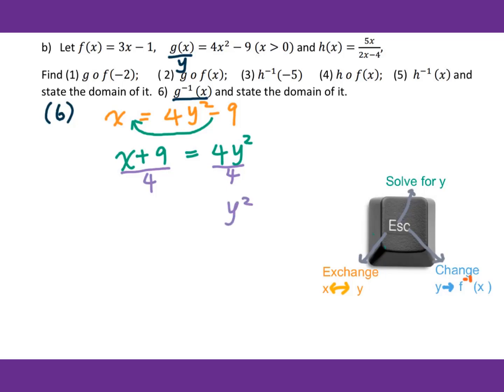Then y squared equals x plus 9 over 4. Then we do square root both sides. Since the domain for g of x is greater than 0, we change the x into y. Therefore, for this y is greater than 0.